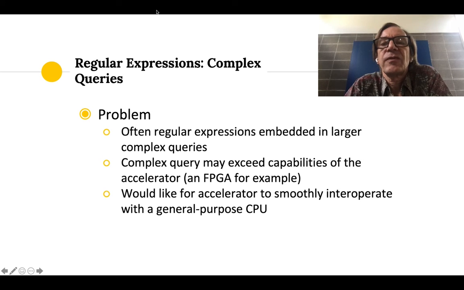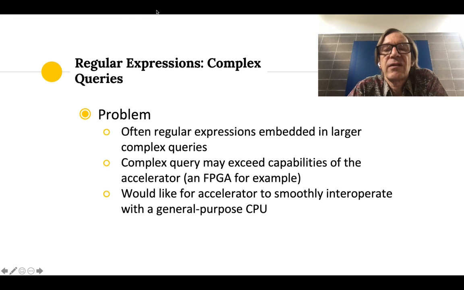So what are some of the issues we might run into when we design an accelerator for regular expressions? Well, first, the regular expressions may often be embedded in larger complex queries, and not all attributes of those complex queries may be able to be evaluated on an FPGA, say if I use the FPGA as an accelerator.